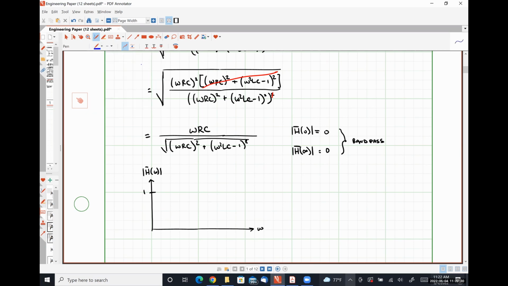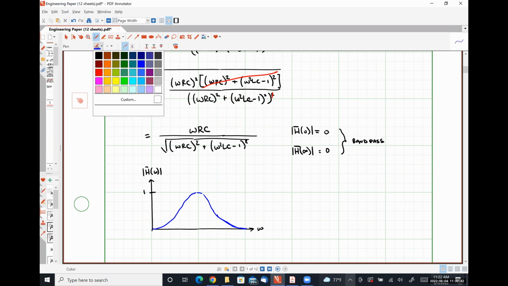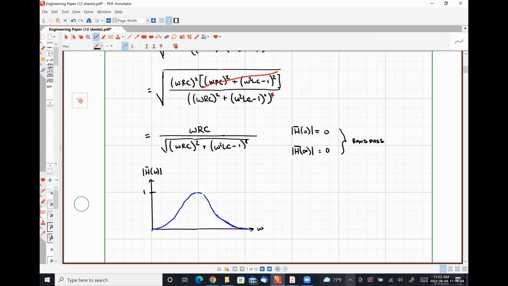What I would expect to see would be something like this, where I have 1 over the square root of 2, like so.